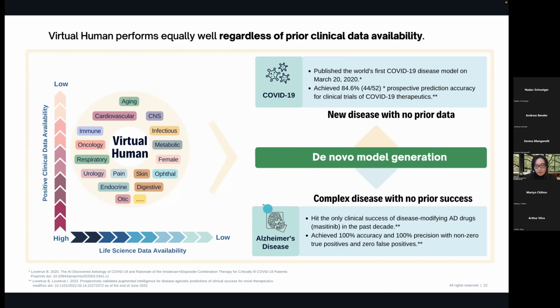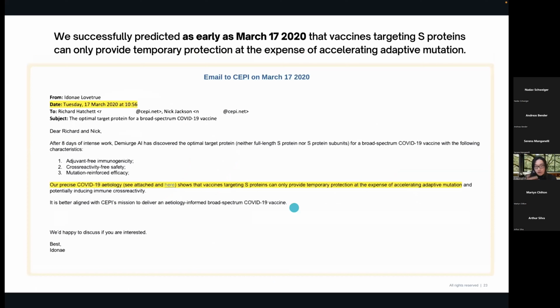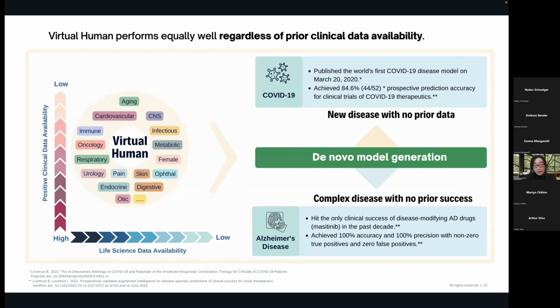Also, we tested our platform in Alzheimer's disease, which is a very different challenge. It's a complex disease with lots of prior clinical data, but very few prior clinical successes. But still, we have also made multiple positive hits in the past. So both of these cases confirmed that we can make clinical efficacy and toxicity predictions regardless of prior clinical data availability.